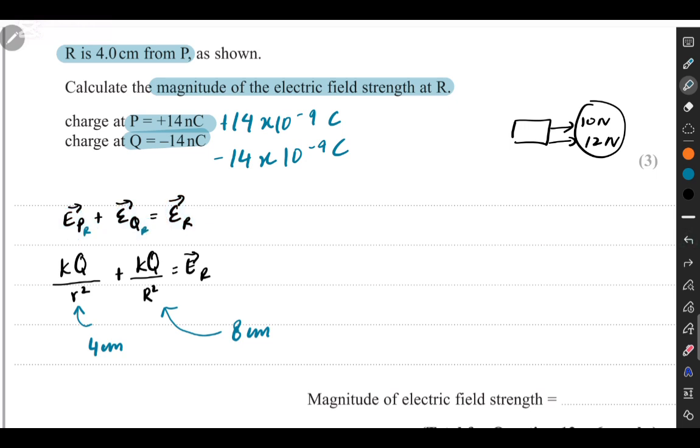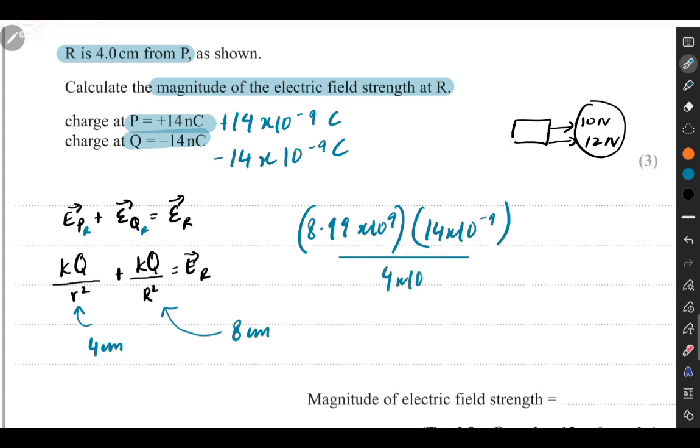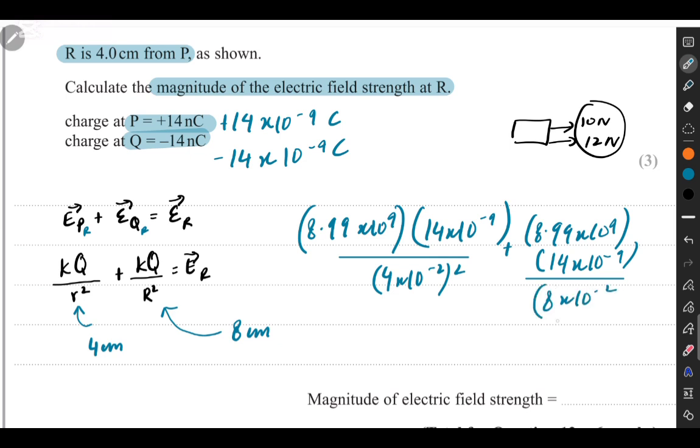Make sense? Okay, then you do 8.99 times 10 to the power of 9, and put the charge there, 14 times 10 to the power of negative 9 over 4 times 10 to the power of negative 2 squared, plus 8.99 times 10 to the power of 9 times 14 times 10 to the power of negative 9 divided by 8 times 10 to the power of negative 2 squared.